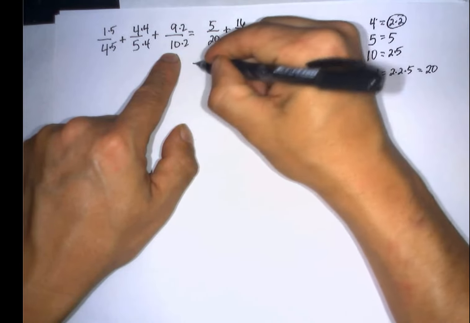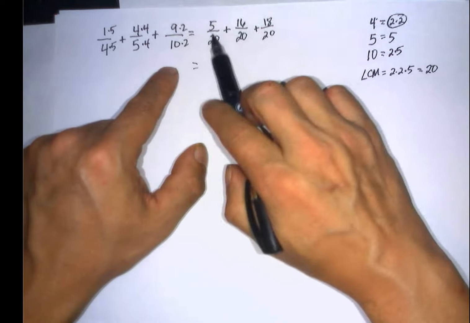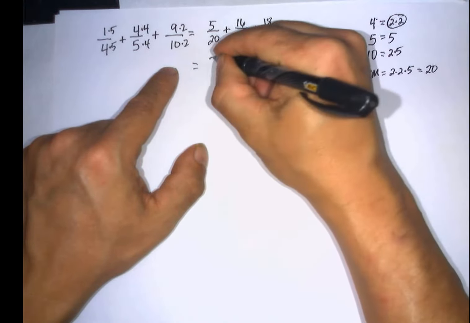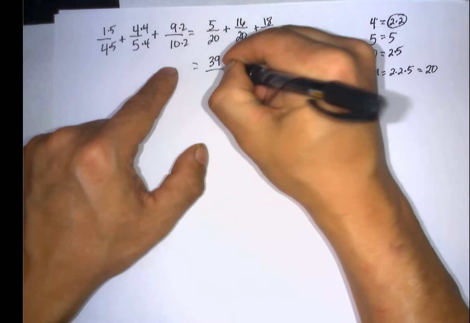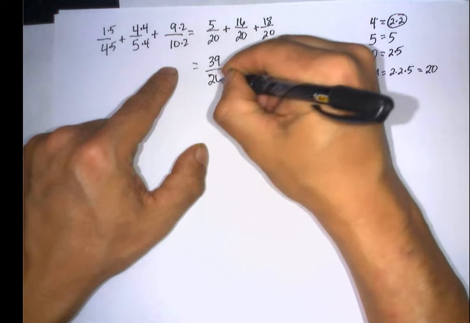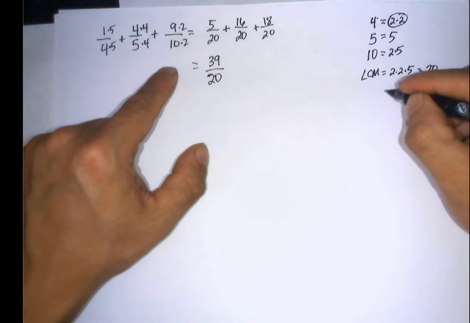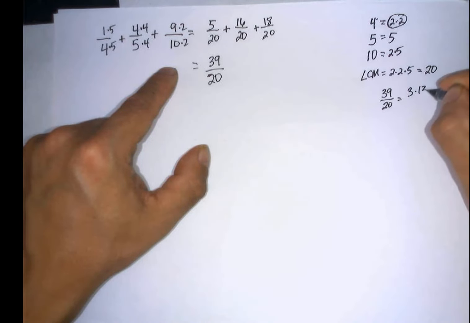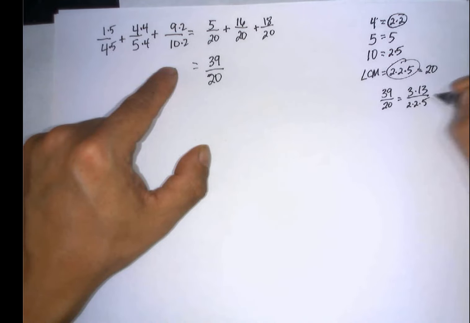All right, so now we're going to add the numerators. 5 and 16 is 21. And 21 and 18 is 39, I believe. 21 and 18 is 39 over 20. Let's reduce this fraction if we can. 39 is 3 times 13, and 20, again, is this right here, so we don't have to find that prime factorization again.